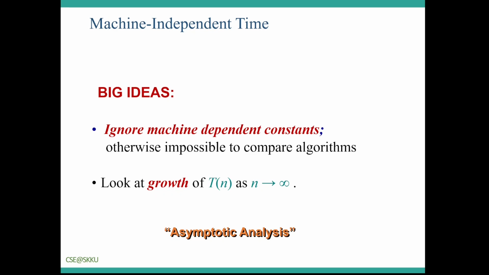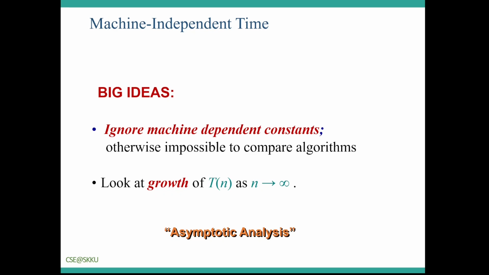Instead, we look at how the running time grows as the input size increases. We write this as T(n) as n goes to infinity. This is called asymptotic analysis. It helps us compare algorithms in a machine-independent way.